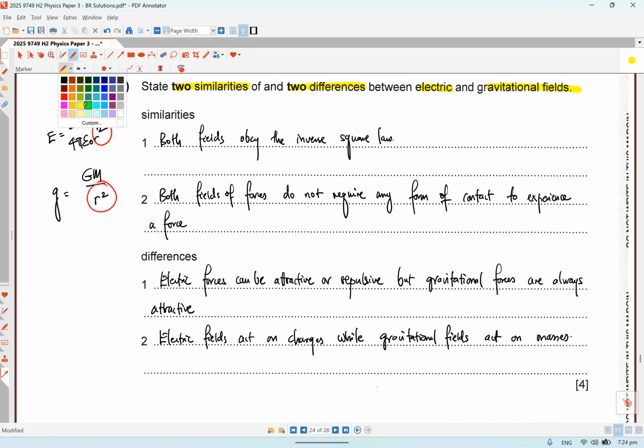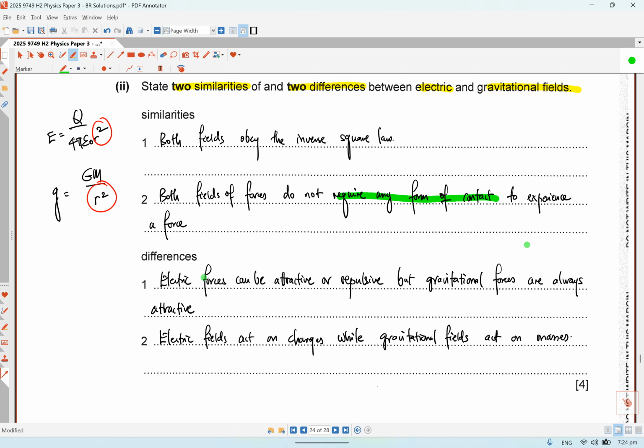And the second similarity is, both of them do not require any contact for you to experience a force. For example, the Earth and the Moon, there's no contact, but there is a gravitational force. You have two charges that are spaced apart. There's still a force. There does not need to be any form of contact. So those are the two similarities.